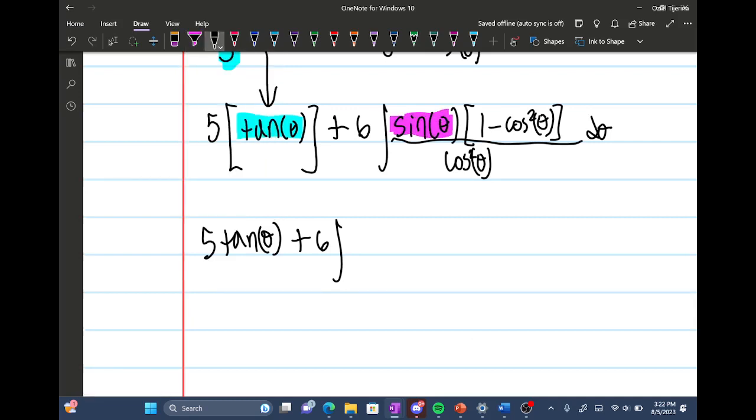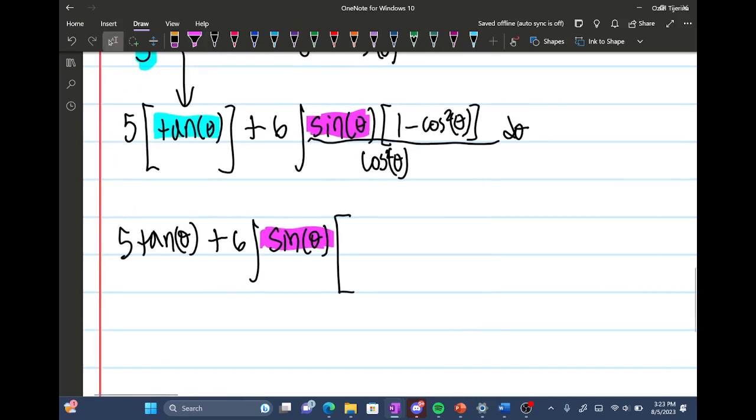So we're going to first put sine of theta, the integral of sine of theta, and then multiply this by 1 minus cosine squared theta over cosine squared theta d theta. Okay, guys.